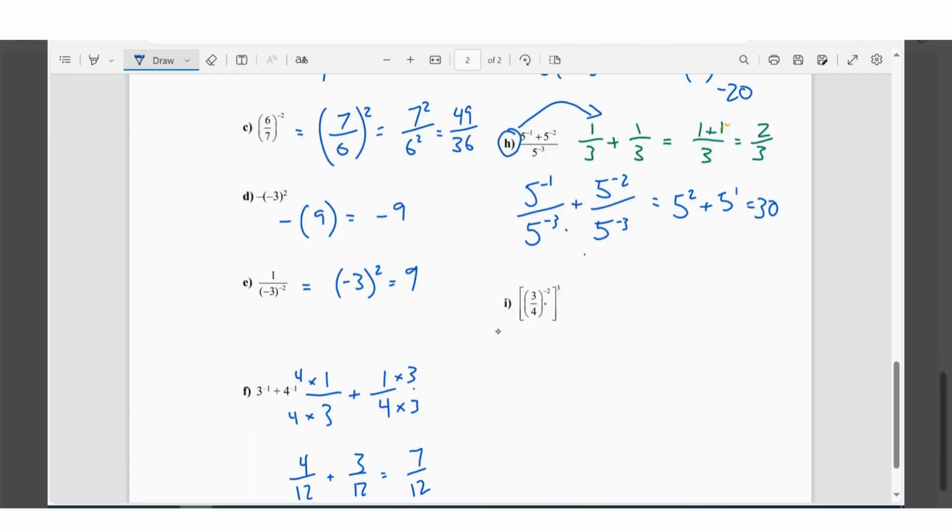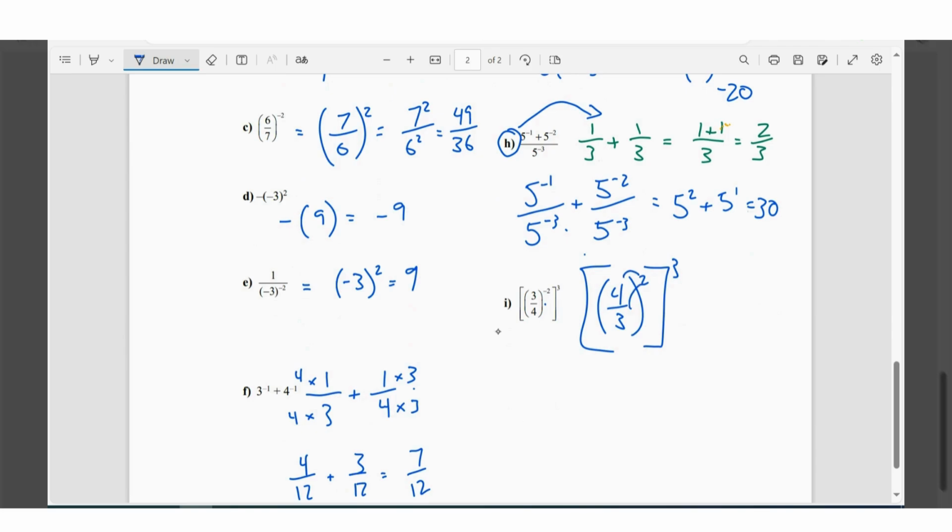This last one, I think I would solve inside the brackets first. Let's reciprocate our base. So 4 over 3, and that's going to be to a positive 2. Then this is still to the 3. We could distribute inside, but I'm going to do these first.